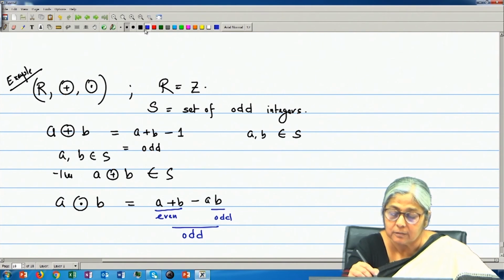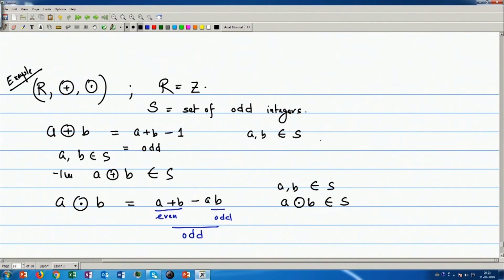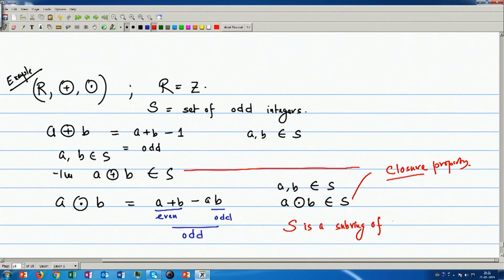So, I can write that A dot B belongs to S. So, we can see that with these two, the closure property holds. So, S is actually a subring of Z, here R equal to Z.